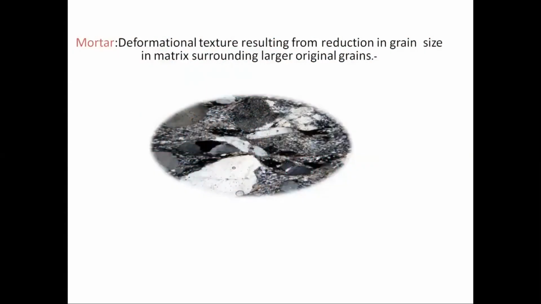Mortar texture, we said, is a deformation texture in which the grain size of a rock is reduced, and as a result we call this type of texture mortar texture.